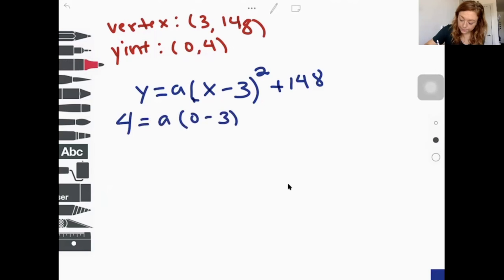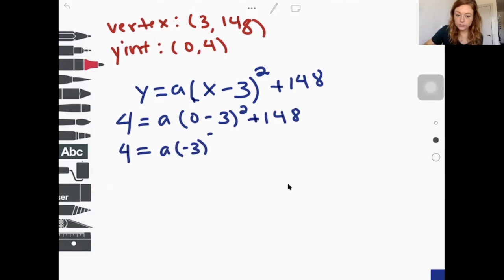So we plug it in and solve this. I have 4 equals a times 0 minus 3, which is negative 3, squared, plus 148.